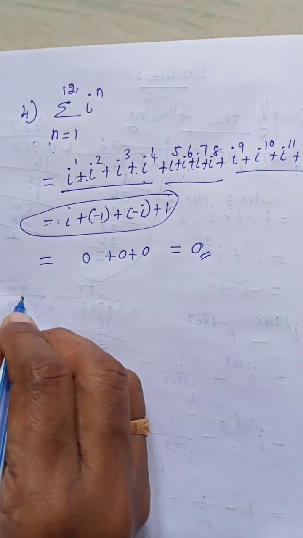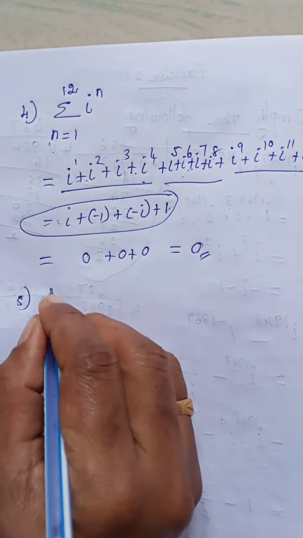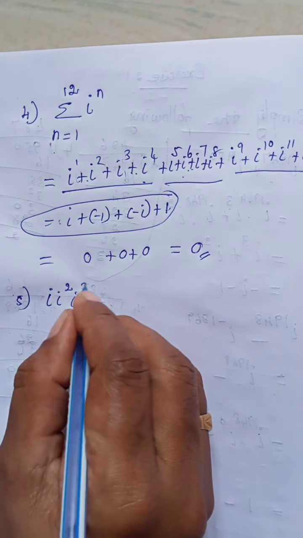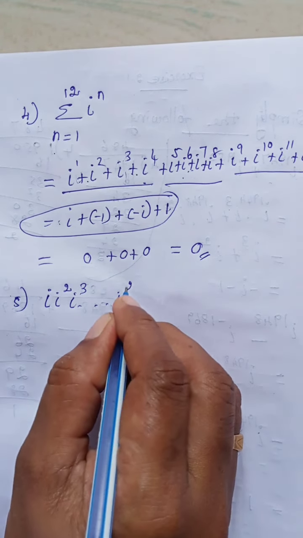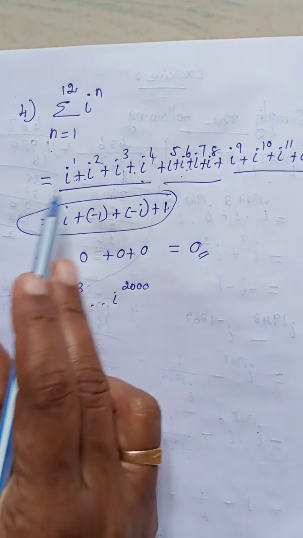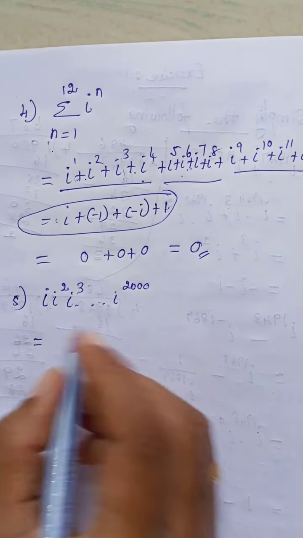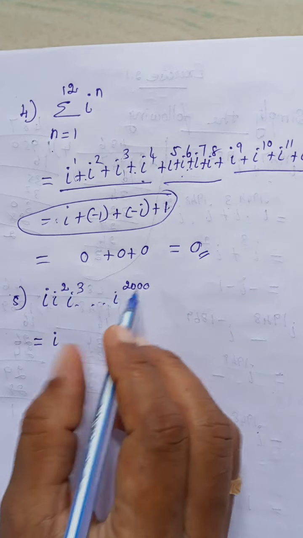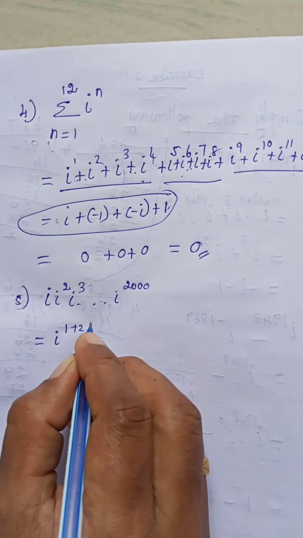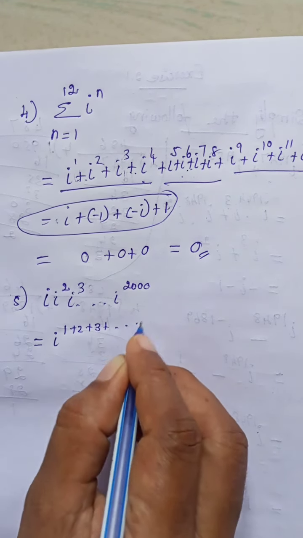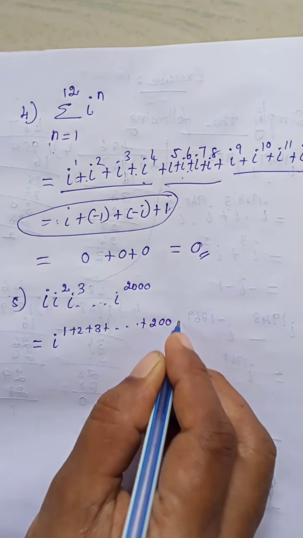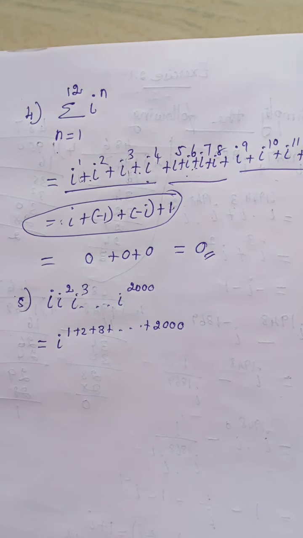Okay. Now problem number 5 is I square, I cube, etc. up to I power 2000. So this is an addition, this is a multiplication. So we have to do it. This multiplication means it's enough to add the powers: 1 plus 2 plus 3 plus, etc., plus 2000.